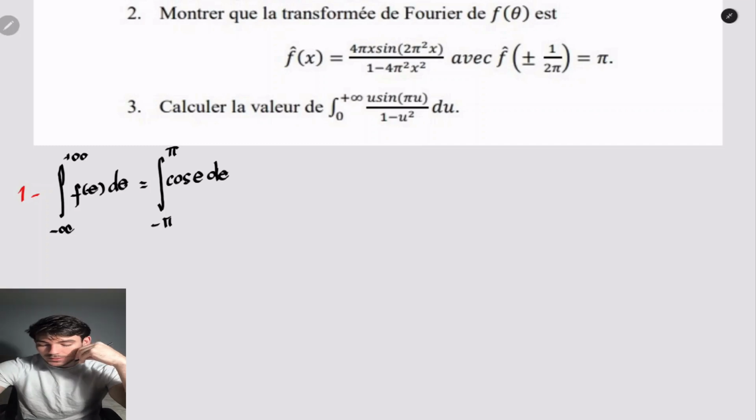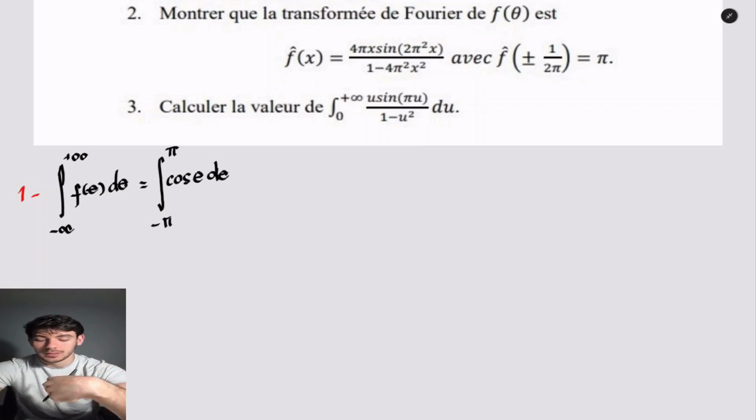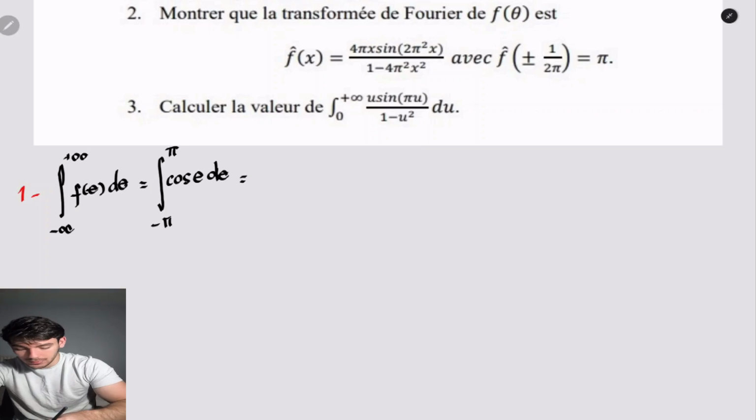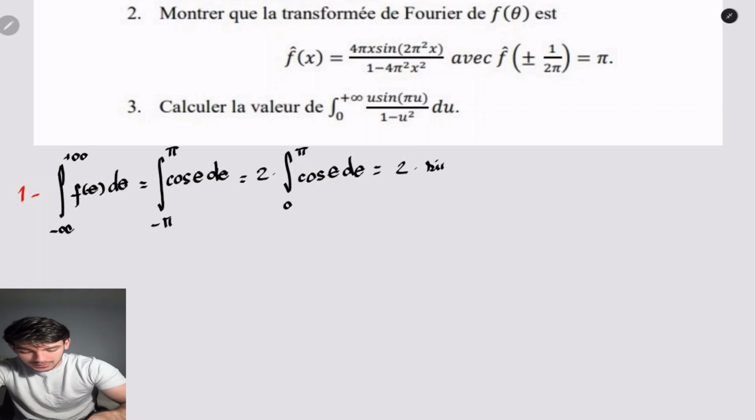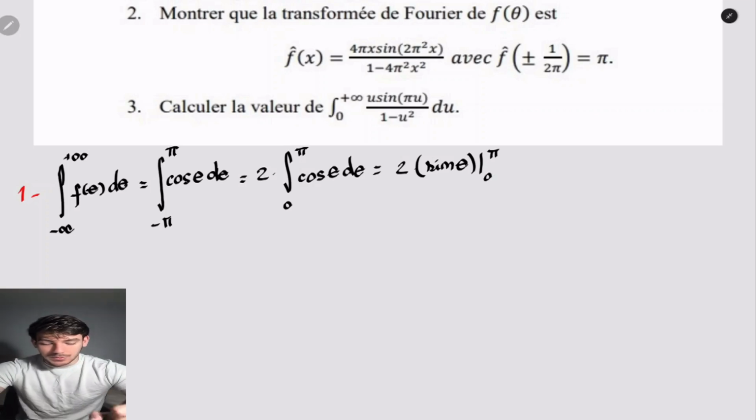Cosine is an even function, and we are integrating over a symmetric interval, so we can multiply by 2 and cut the interval in half. So we'll have 2 times the integral between 0 and pi of cosine of theta. And now we just do the integration. Integrating cosine of theta, we'll have sine of theta going from 0 to pi.